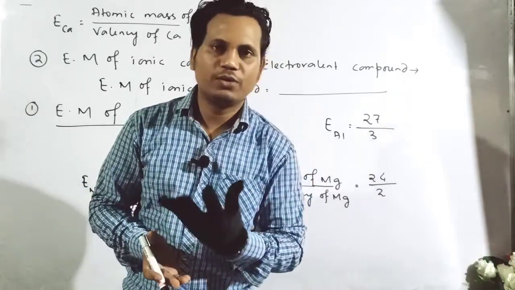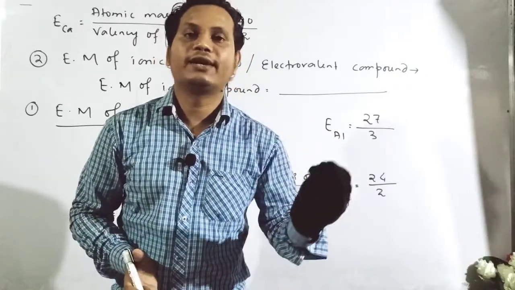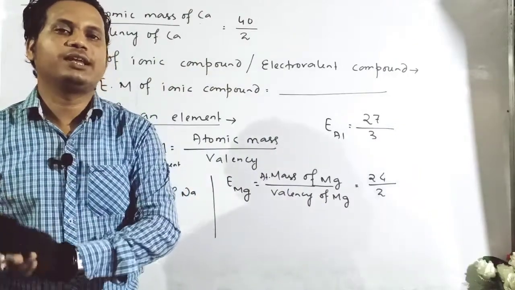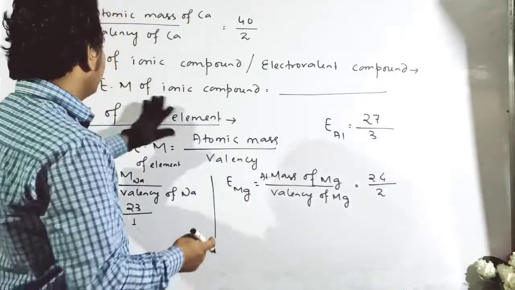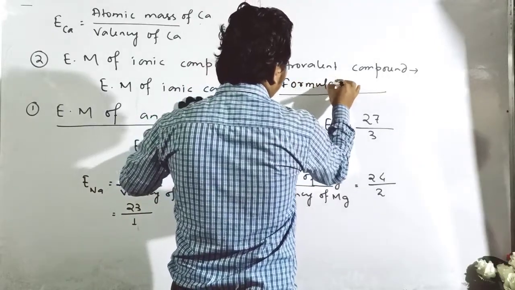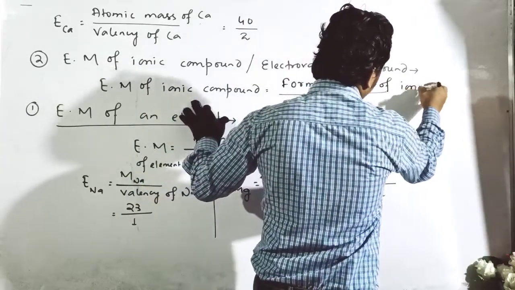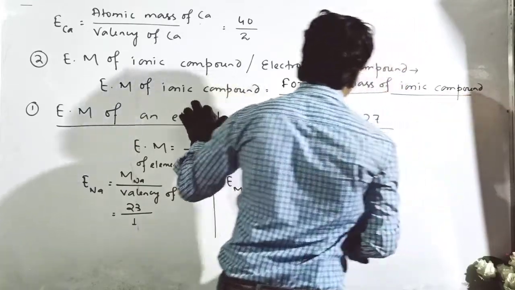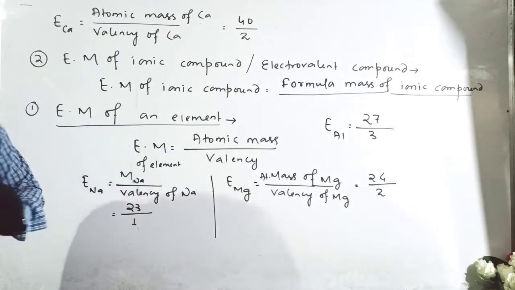Ionic compounds are those compounds which are formed by the transfer of electrons. This you have learned in class 10 and class 11 also. So if an ionic compound is there, then we will write formula mass of the ionic compound divided by total charge on cation or anion.